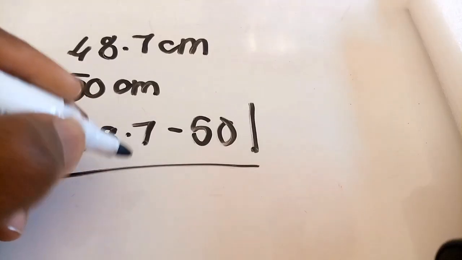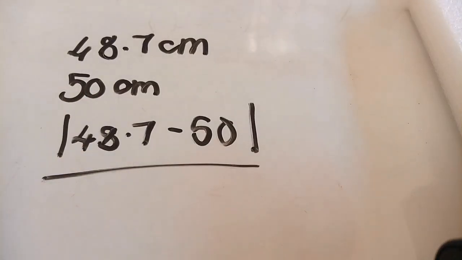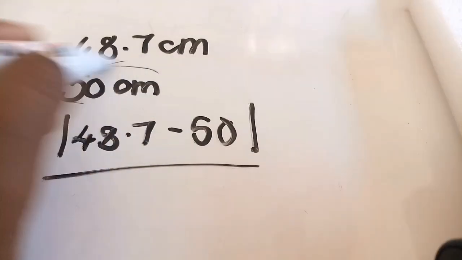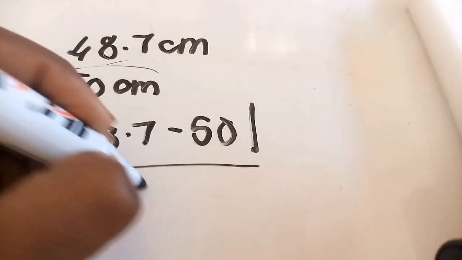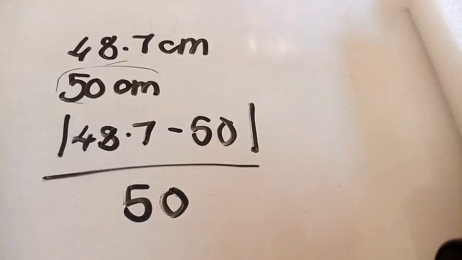The true measurement we put down is 50, not 48.7, because if its true measurement is 50, the true measurement will be 50.